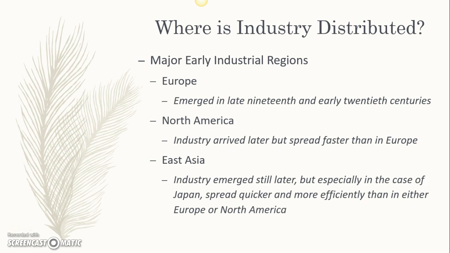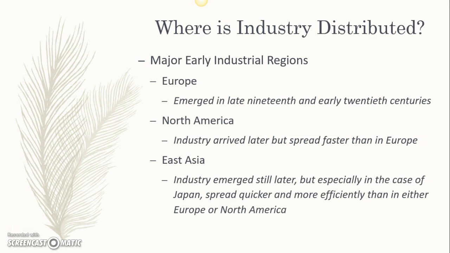In North America, those heavy industries emerge a little bit later, but they spread a lot faster than they do in Europe. The late 19th, early 20th centuries, again, really we're talking 1850 to about 1930. Major heavy industry arrives in North America about the 1870s, right? But by the end of the First World War, 1919, the U.S.